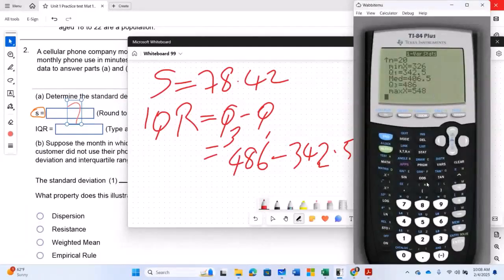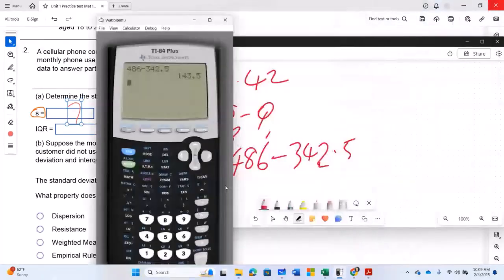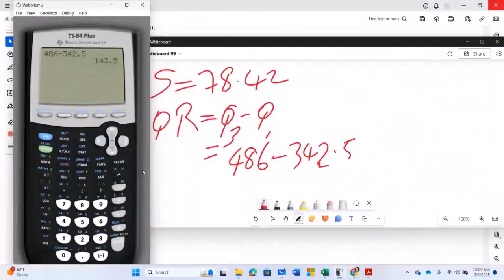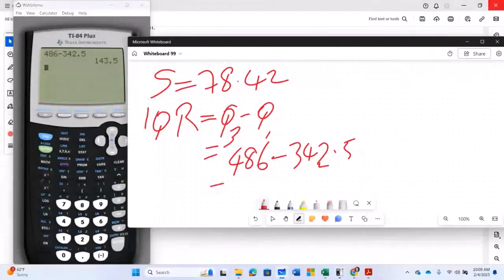Okay, so I have 486 minus 342.5, and then I'll get an answer, and my answer is 143.5. So that is the IQR, and I'm going to write it down because we are going to compare.